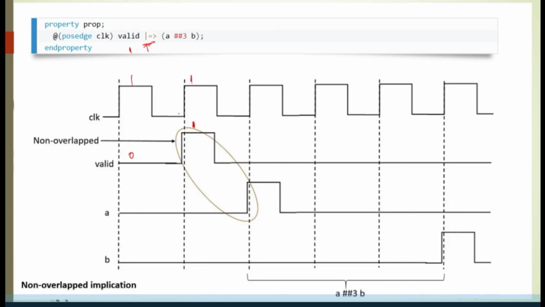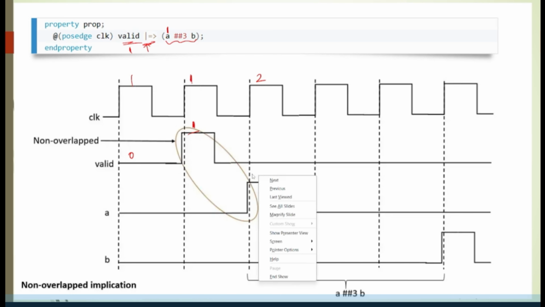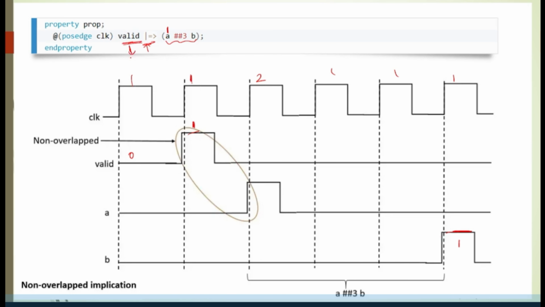Since valid is high, the second equation follows: a should be high in the next clock cycle after valid. Then after 3 clock cycles, b should be high. Clear? So this is non-overlapped. After the antecedent is evaluated, in the next clock cycle the consequent should happen. This is the non-overlapped implication operator.